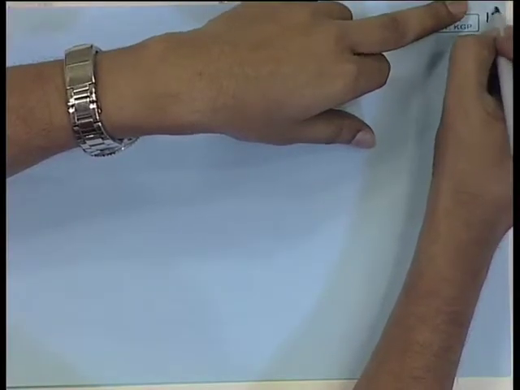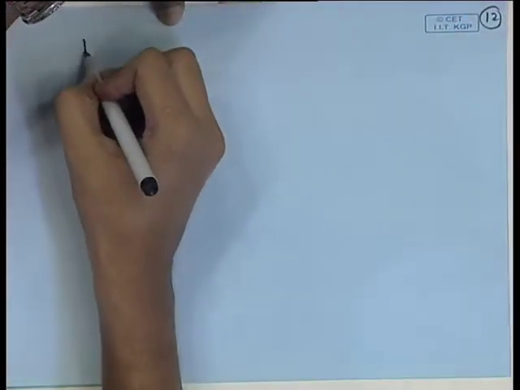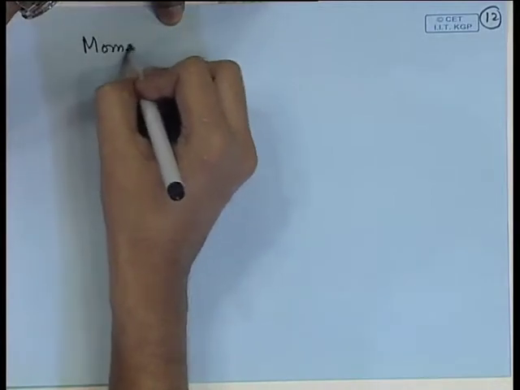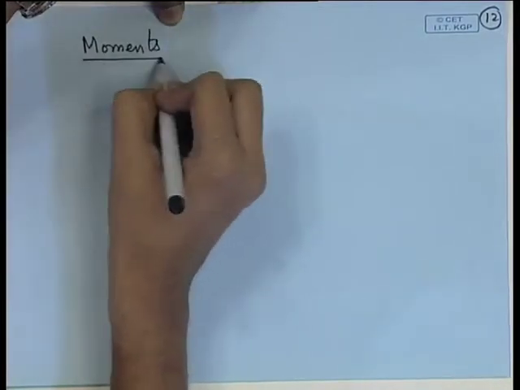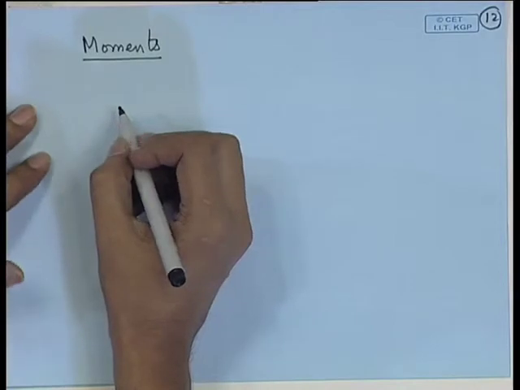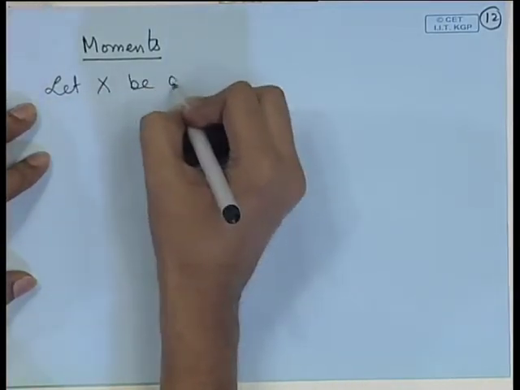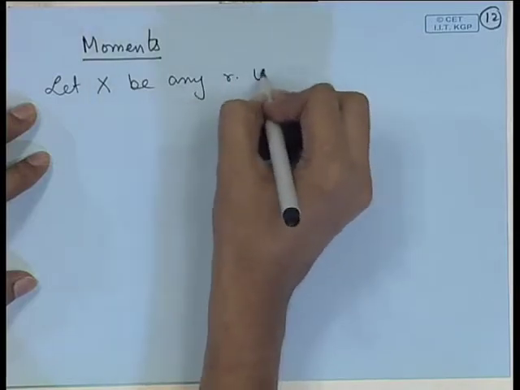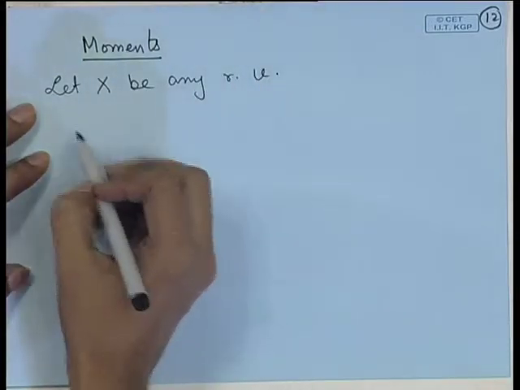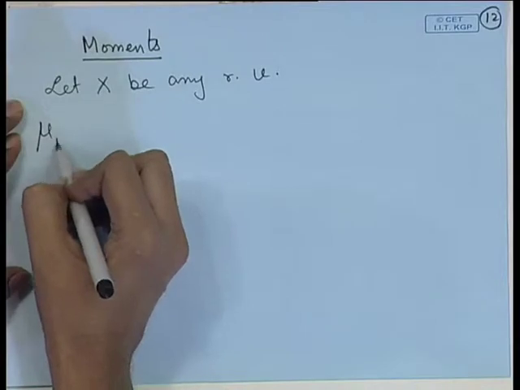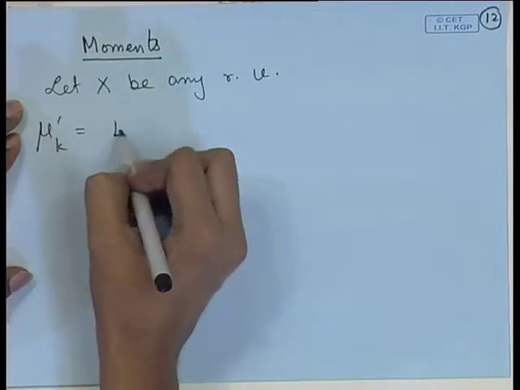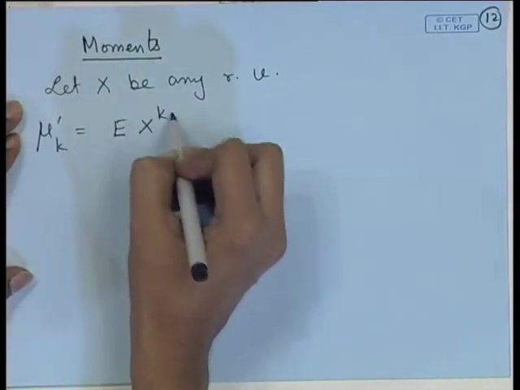Next, we discuss the concept of moments of distributions. Let x be any random variable. We define mu k prime is equal to expectation of x to the power k.